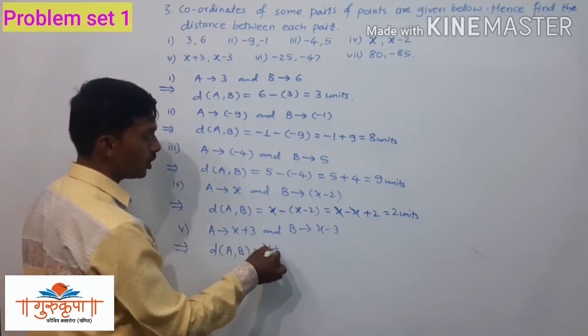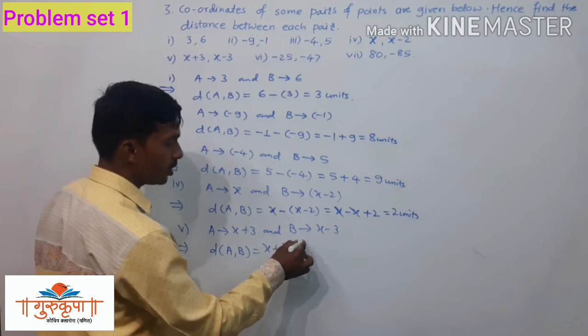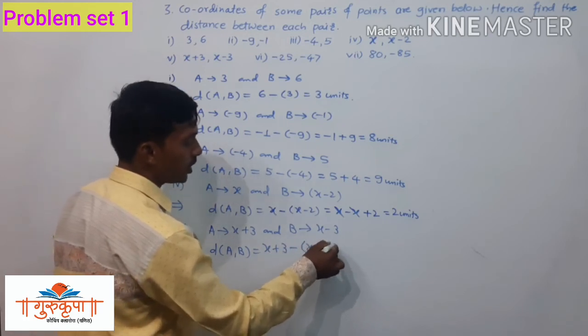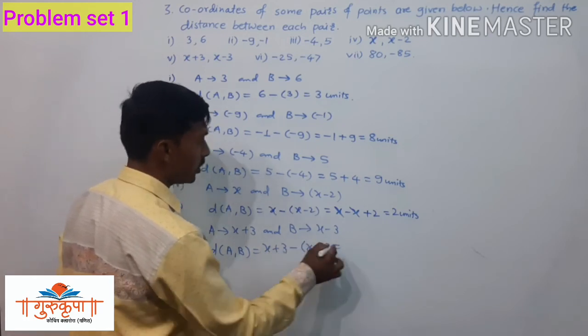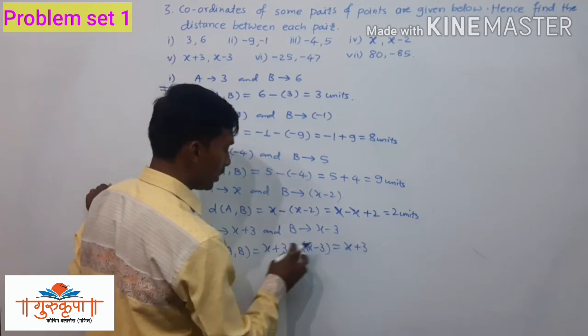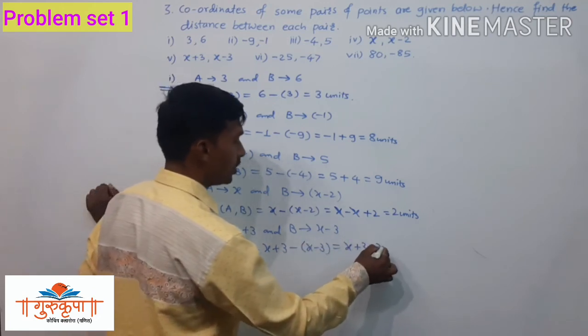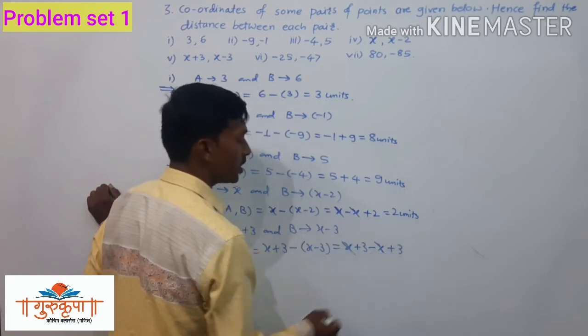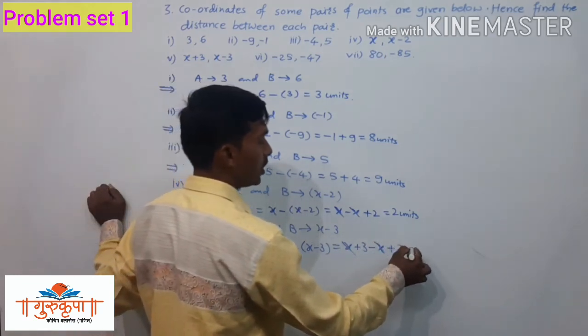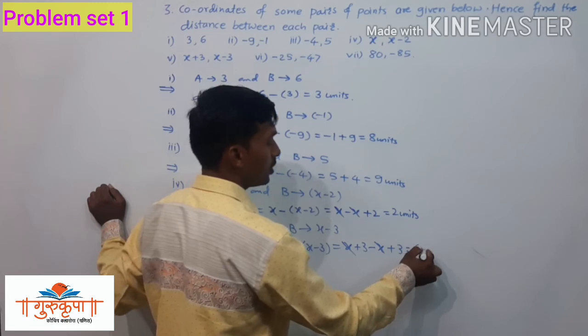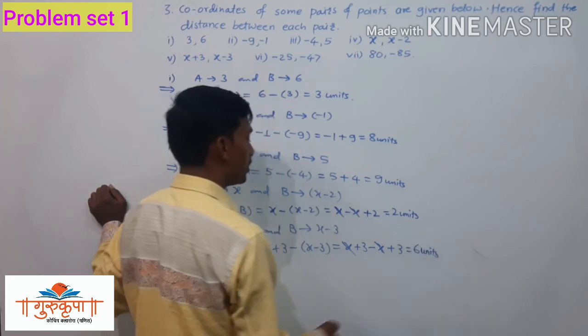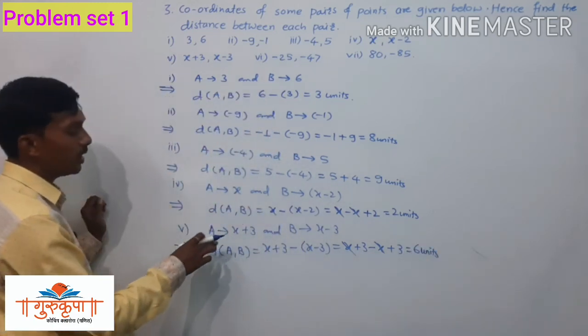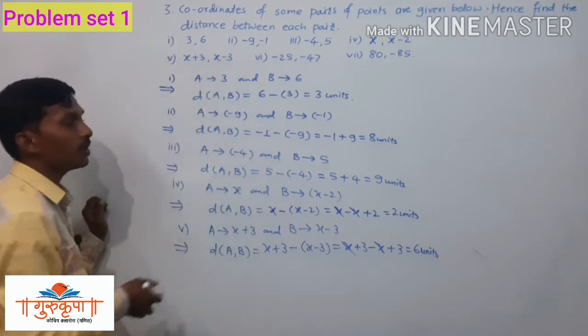The bigger coordinate is x plus 3 minus the smaller coordinate x minus 3. This is x plus 3 as it is, minus into plus is minus x, minus into minus is plus 3. Plus x and minus x get cancelled and 3 plus 3 is 6 units. That is the distance between points A and B for example number 5.